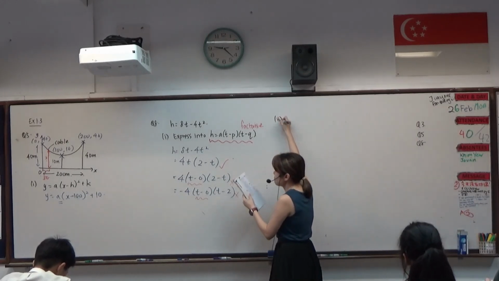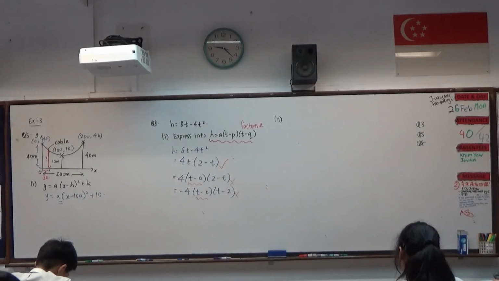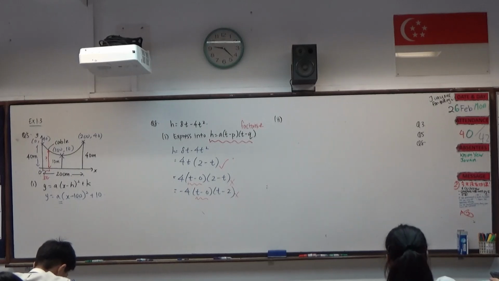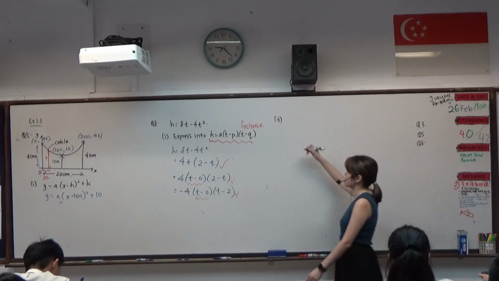Then in part 2, find the intercepts and the coordinates of the turning point of h against t. Are we able to find intercepts? I think we should, right? How do we find the intercepts? When y equals 0, that will help us to find the x-intercept.